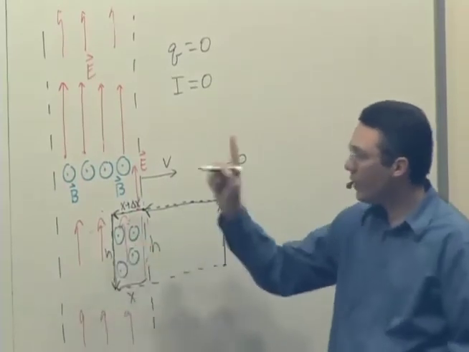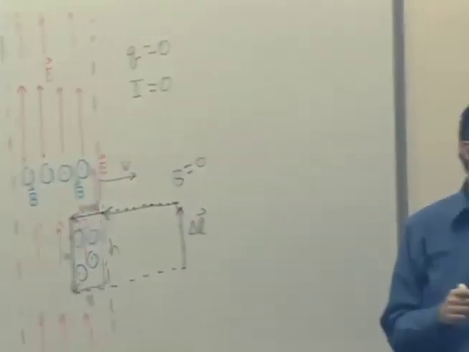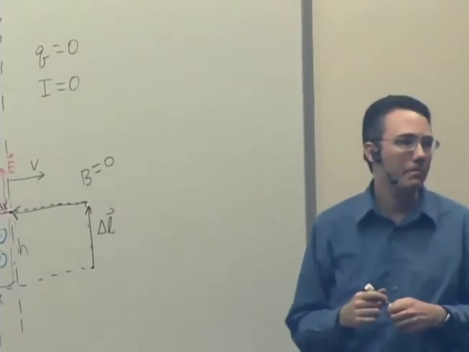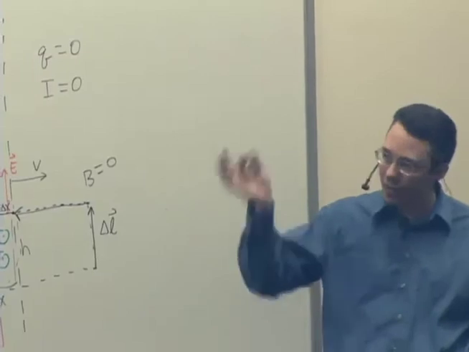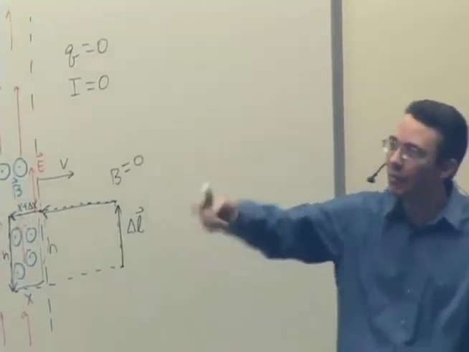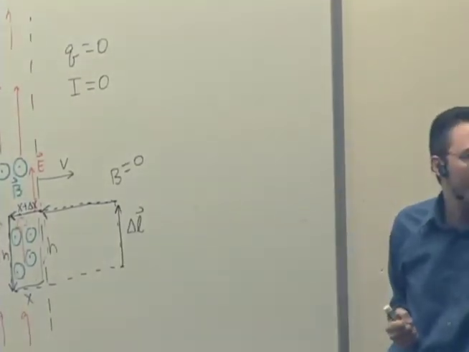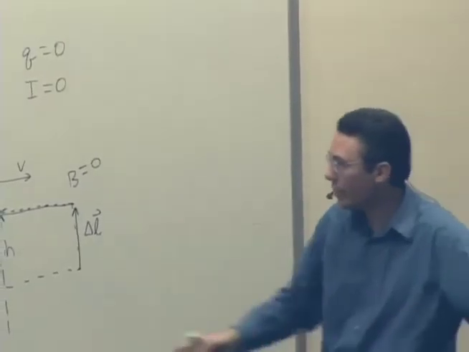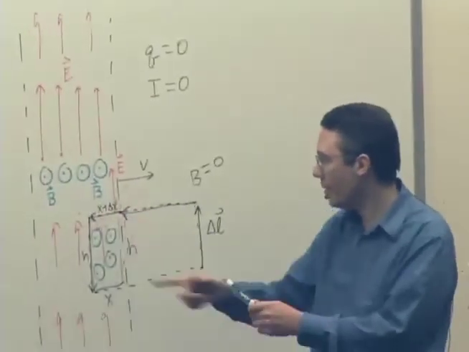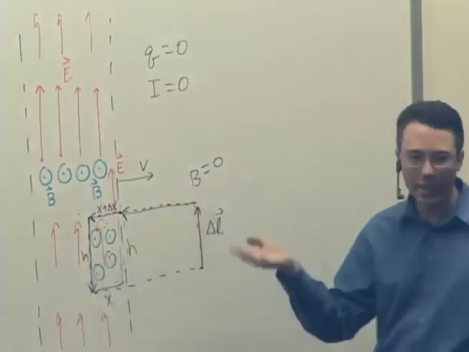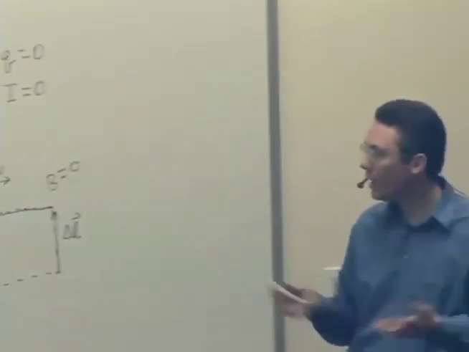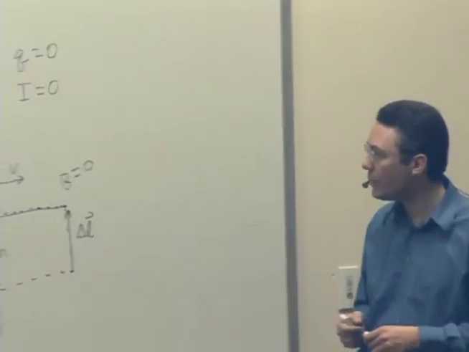The electric field is pointing upward. That dot product is going to give me what? It's actually going to be what sign? Negative. Okay, so ignoring the sign, the magnitude is going to be what? EH. The electric field, it's going to be the magnitude of the field times the magnitude of the path length times the cosine of 180, or negative 1, and then take the magnitude as just E times H.